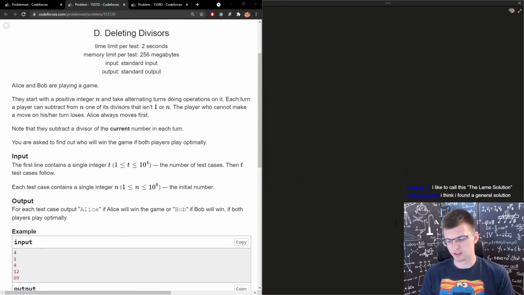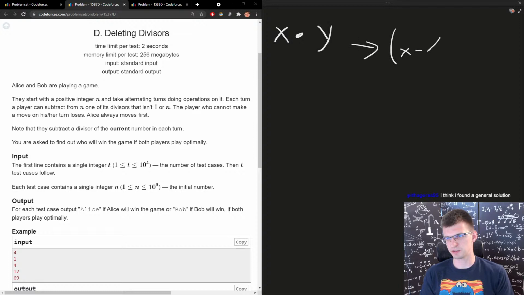Timothy at the very beginning told me to analyze just numbers of form x times y in general. I have no idea what I should get from this. Alright. I can move from this to, for sure, x minus 1 times y, or I can get to x times y minus 1.